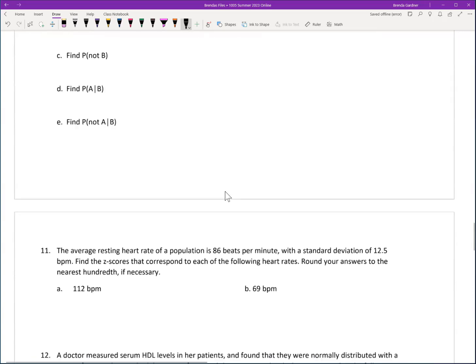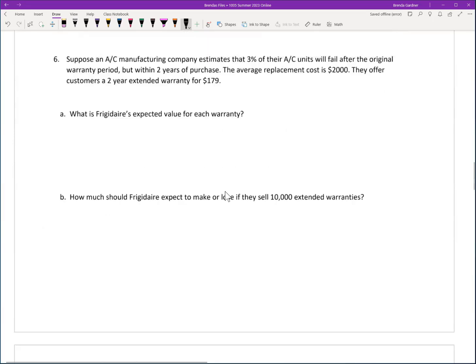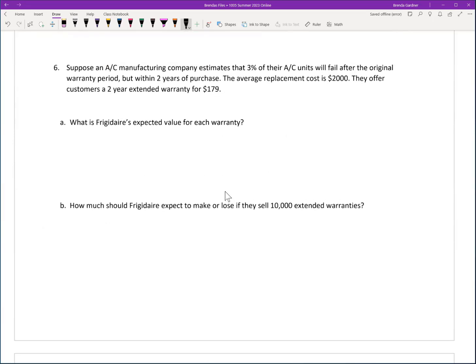So when we go back up to this question, basically, how many things can happen? Well, we actually only have two outcomes. So either the AC unit fails or it doesn't fail, right?